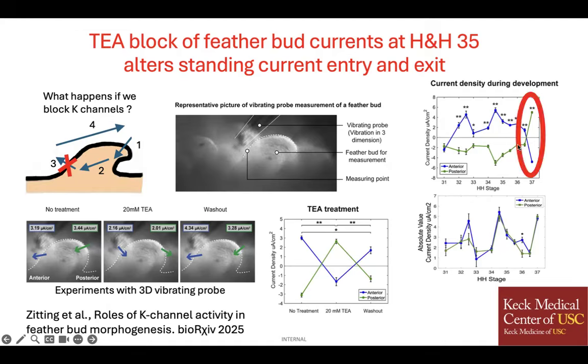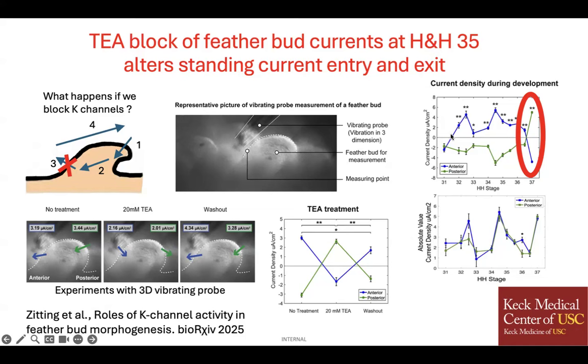This is really a very curious observation, but it's actually really important and relevant. This is now from dozens of skin explants where Madison Zitting, who did this work, measured the currents in the front and the rear of a bud and plotted this out.